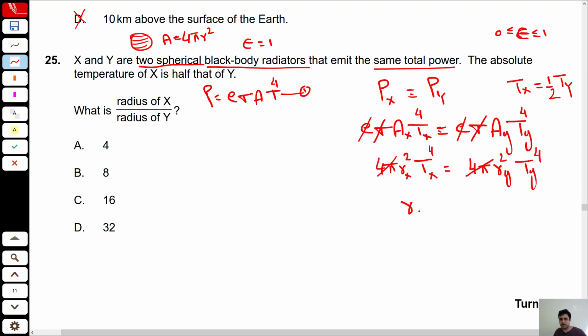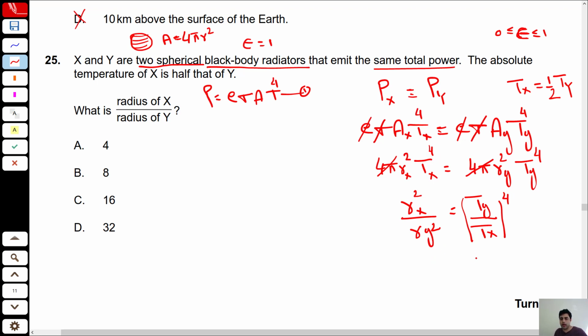So radius of X squared over radius of Y squared. You can see this radius of Y squared can bring down here, temperature of Y over temperature of X to the whole power of 4. You can take this to the power of 4 common out using the indices rule. Okay?